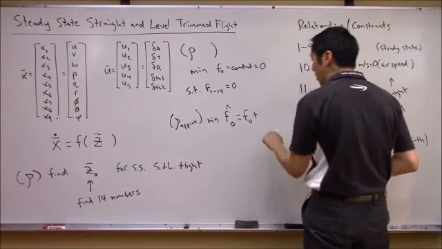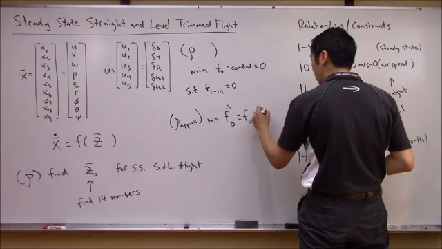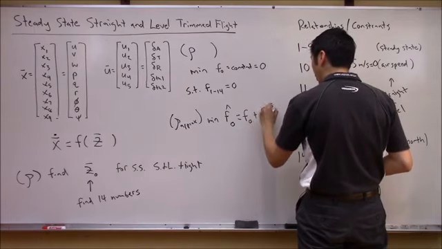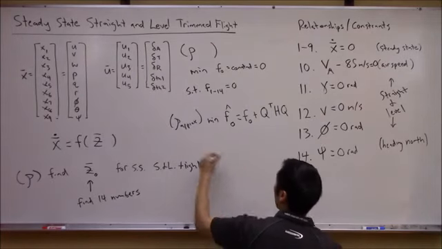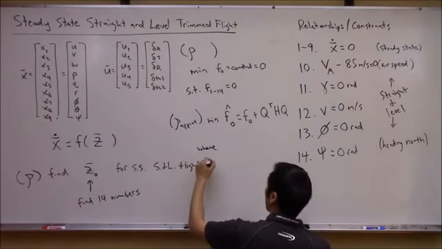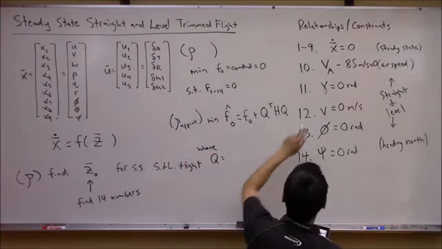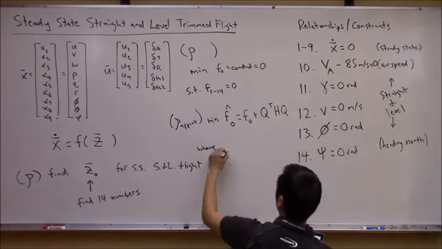I'm going to write the penalty terms as Q transpose HQ, where Q is a vector of basically all of our constraints stacked up.